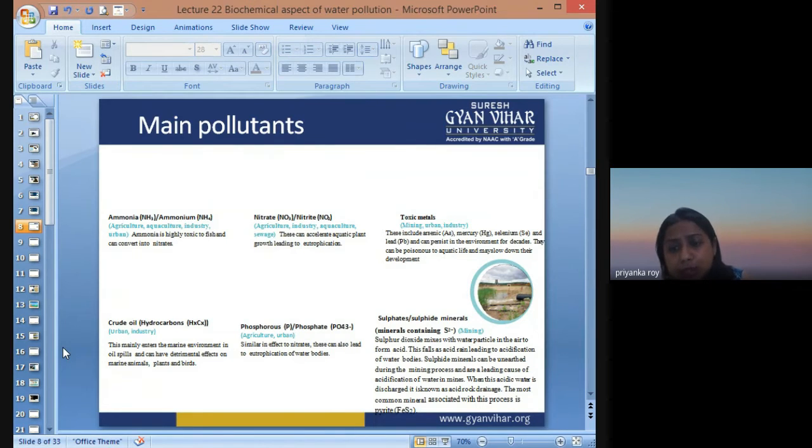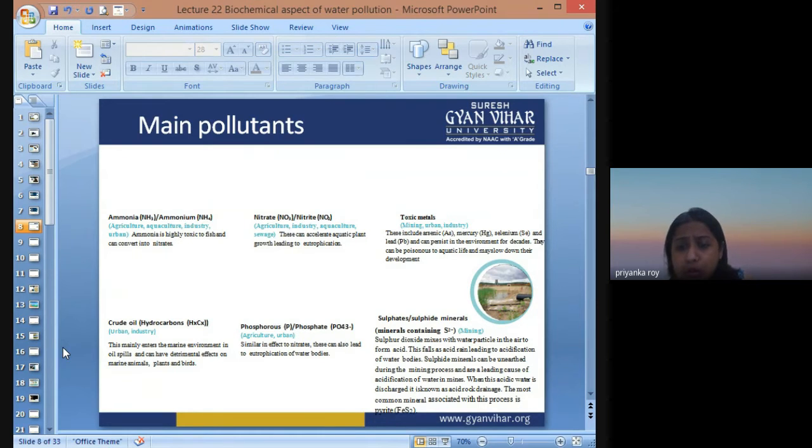So sulfide minerals can be unearthed during the mining process and are a leading cause of acidification of water in mines. Now when the acidic water is discharged, it is known as acid rock drainage.